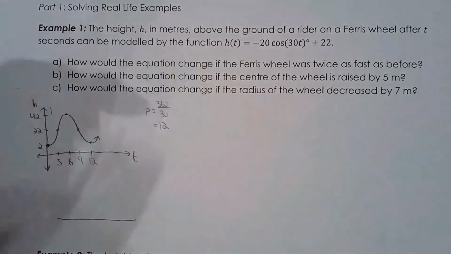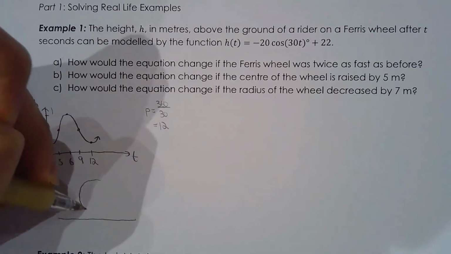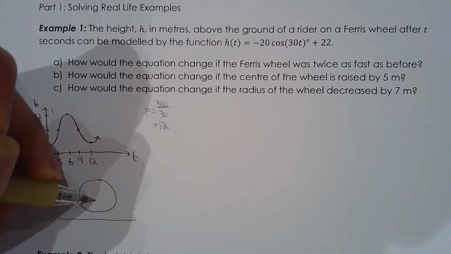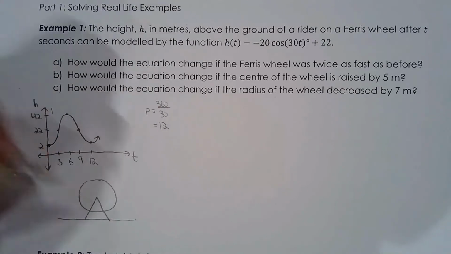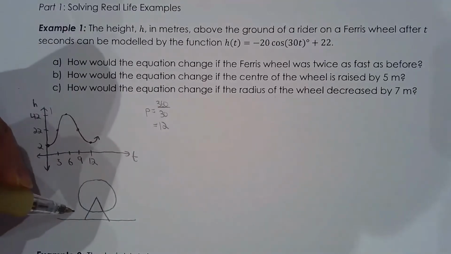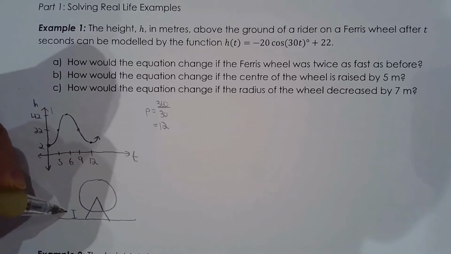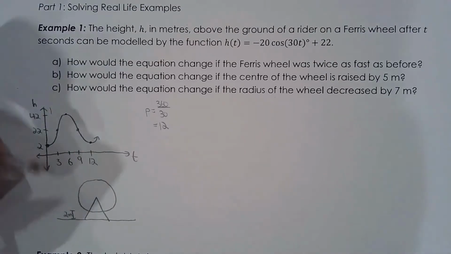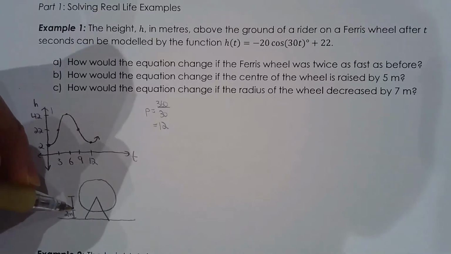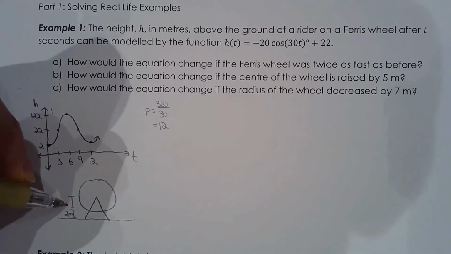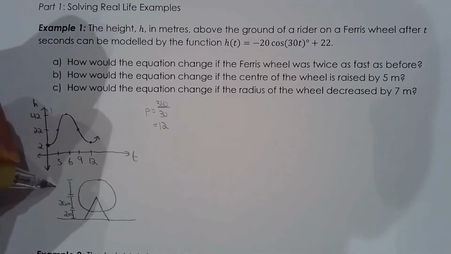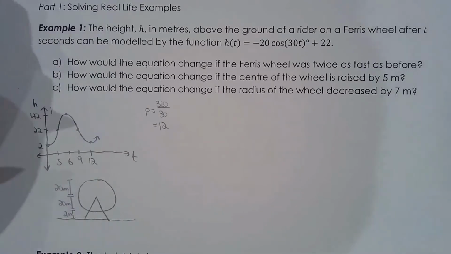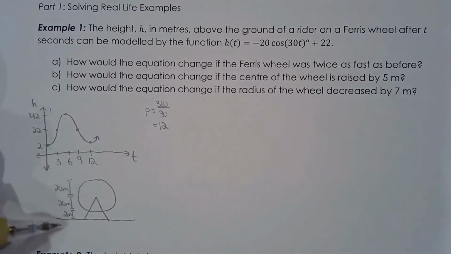I have to draw way closer to the ground. Because the minimum height of the rider is 2. And the radius of the wheel is 20. And if you look, that's how you get a maximum height of 42, because it's 2 plus the diameter, so 2 plus 40 is 42.